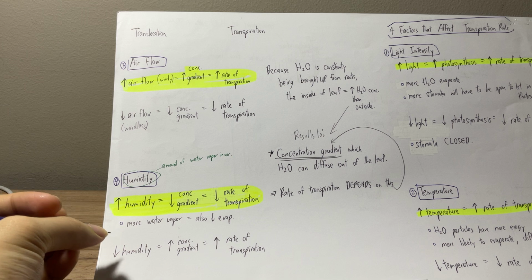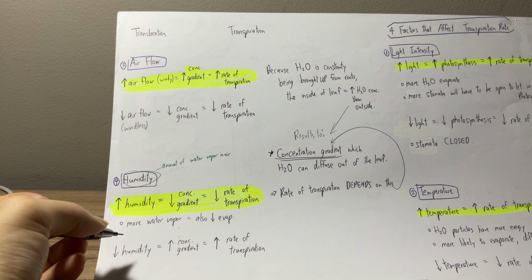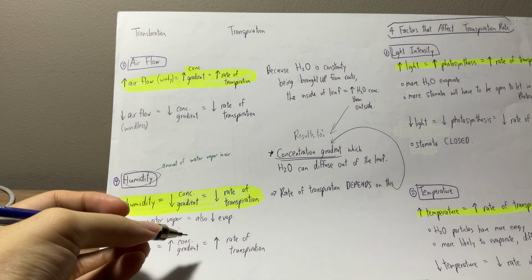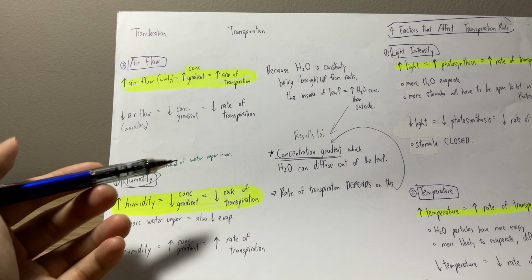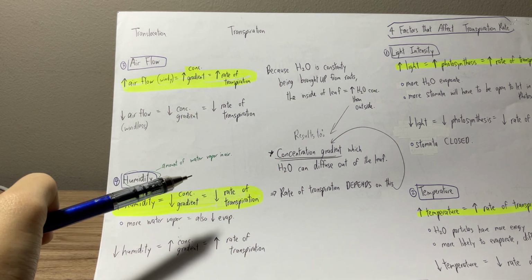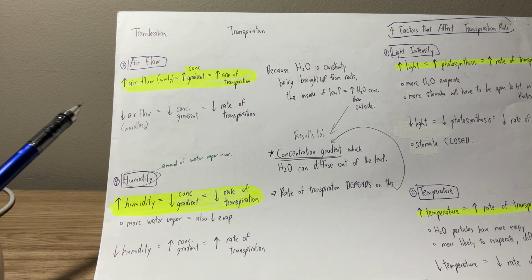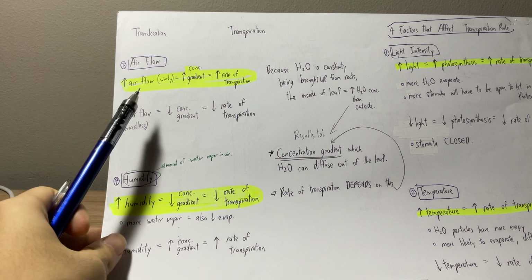That's the scenario. And yes, if it's really hot outside, the rate of transpiration would increase naturally because at the same time, the light intensity is usually really high as well. Let's say during noontime. So rate of transpiration would increase.